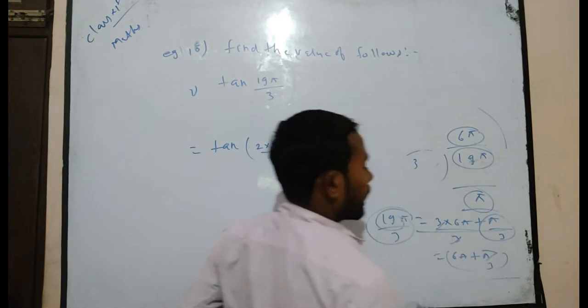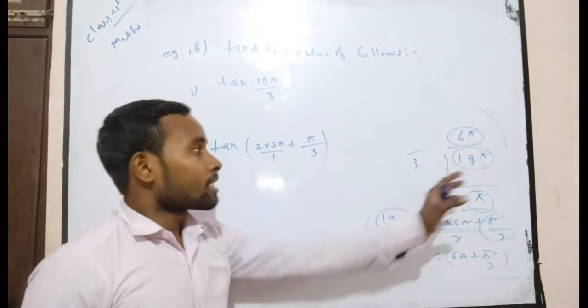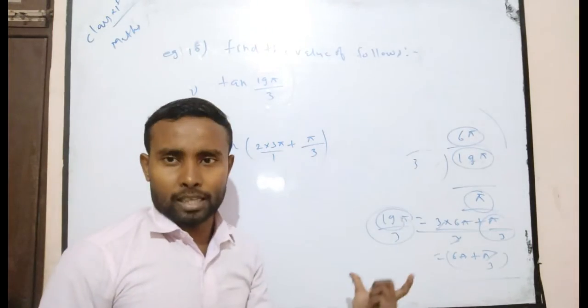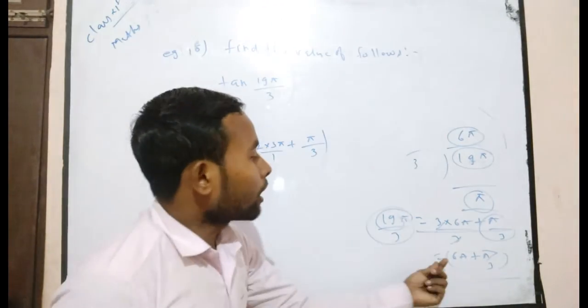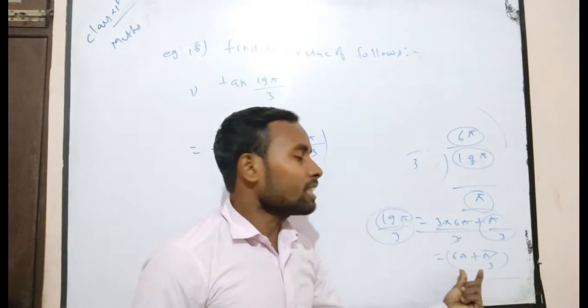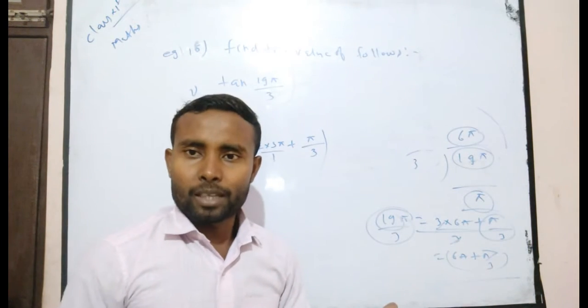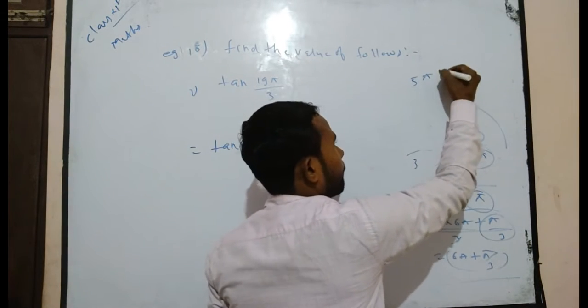But you can't solve each and every problem by this concept. Sometimes it goes near to this angle. Suppose that you get 5 pi plus pi by 3.